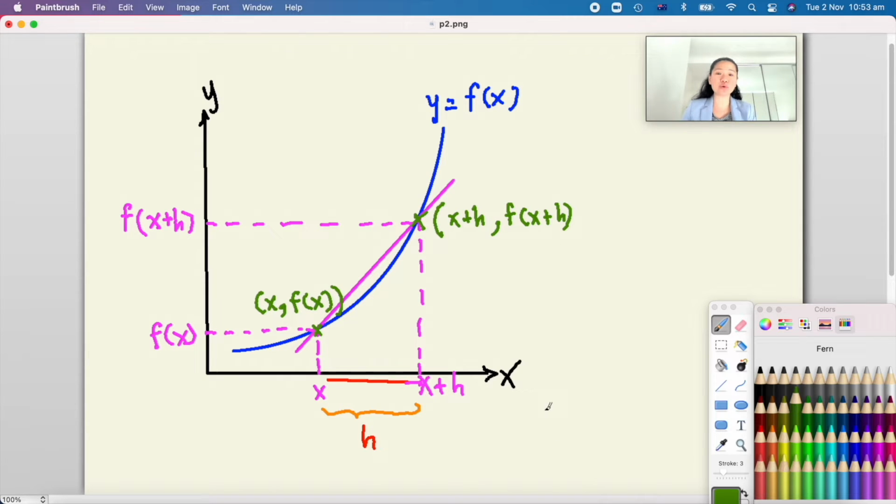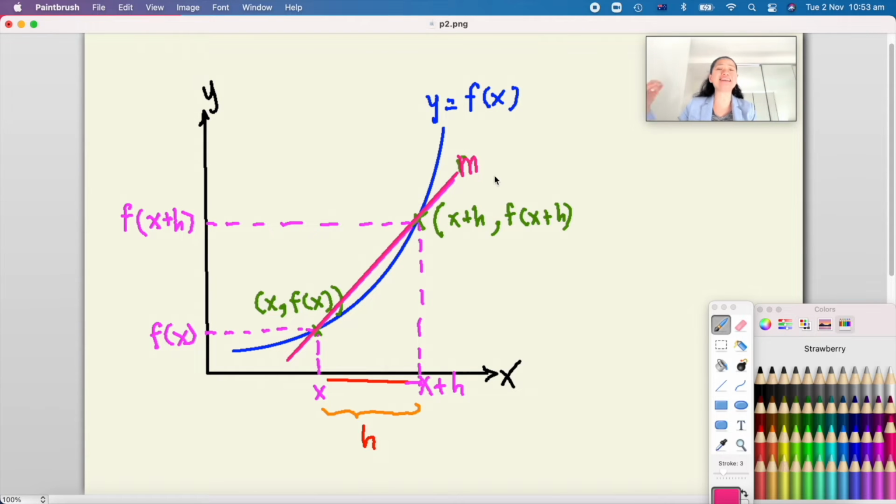Then we would like to find out our slope m. Let me write with this color. The slope of what? The slope of this line that cuts the graph at two points.